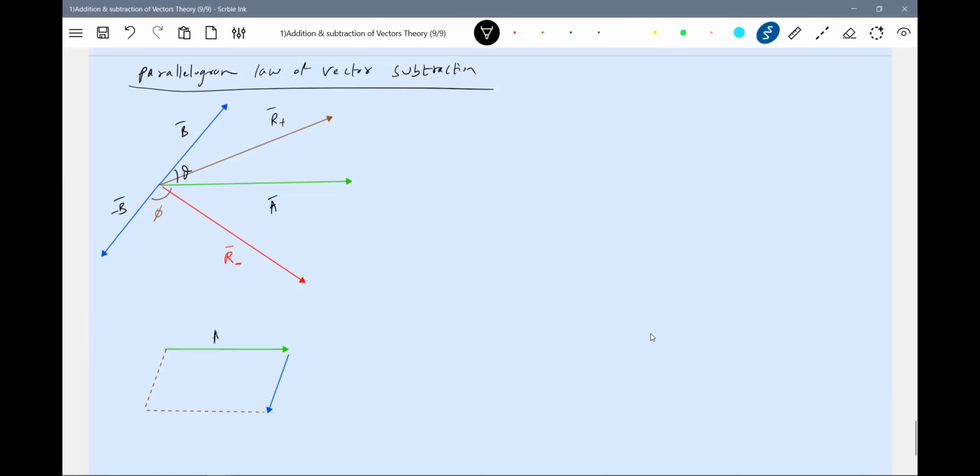So this is A bar minus B bar. Where is this vector? So this vector is R minus. It will make some angle. Let me call this beta. Let me define all the things, they are going to help us a lot. This is alpha.